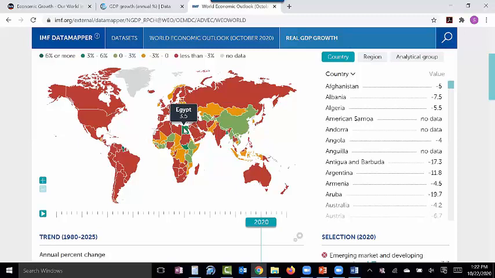What's the country in South America that's doing well? That little green country. Guyana. That's insane. 26.2? That is insane.